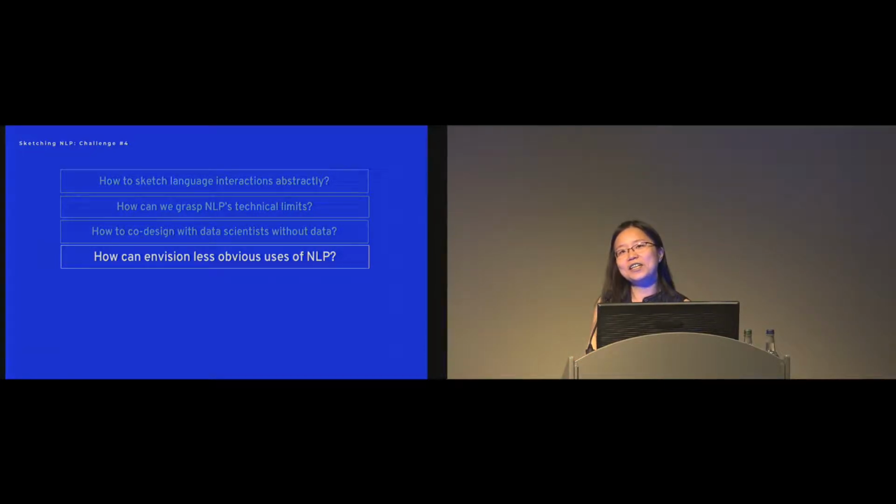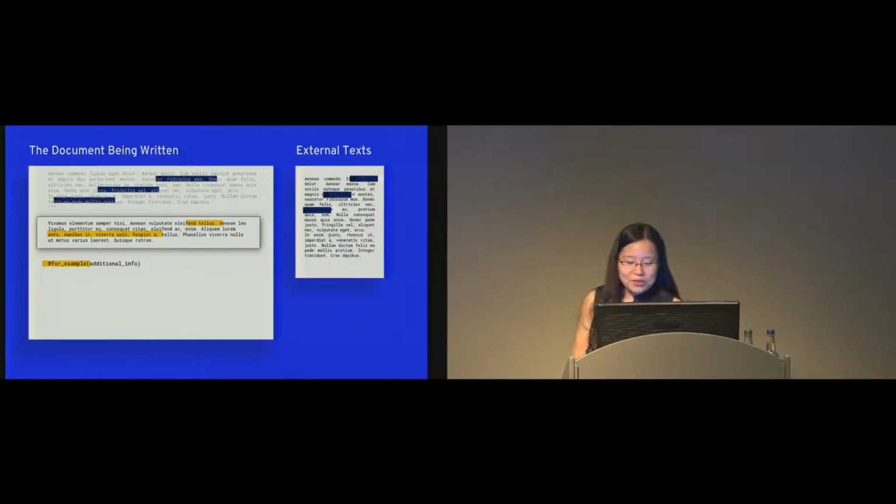We really cannot think of any other idea left that's buildable and that's not autocomplete or autocorrection. And as designers, these ideas just seem rather unexciting. So how can we envision less obvious uses of available NLP technologies? We used a very classic design technique, which is called problem reframing.